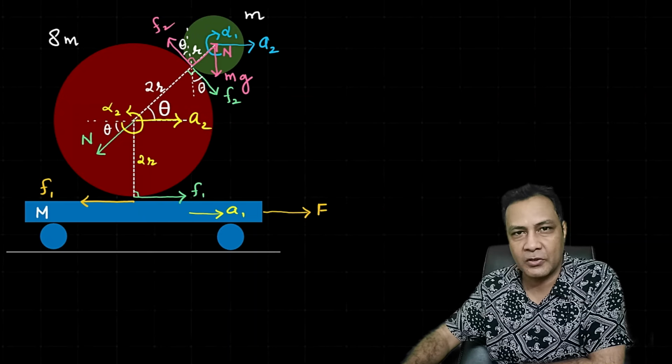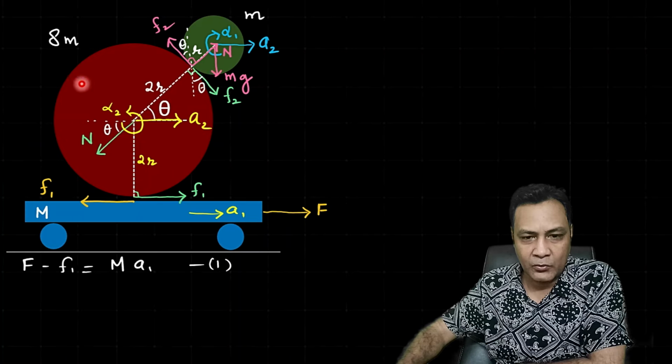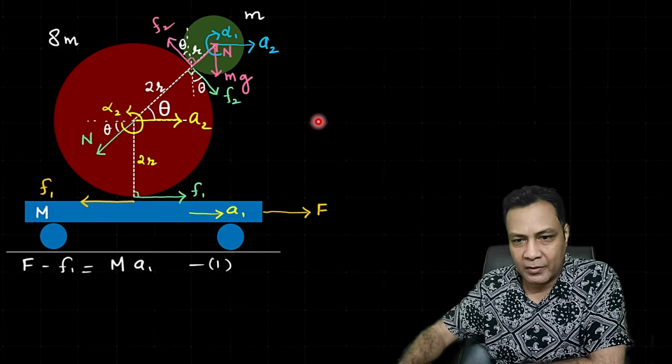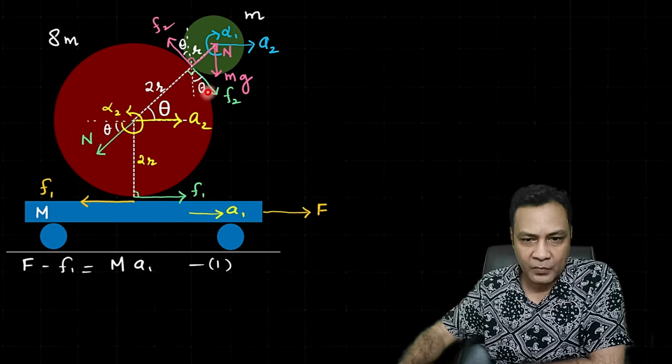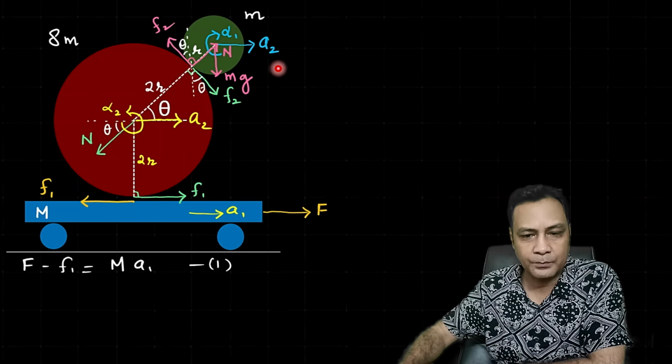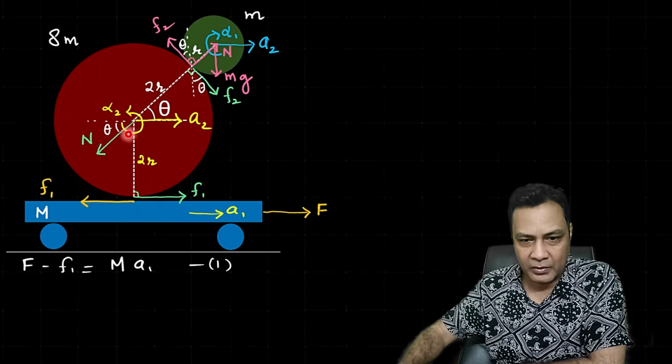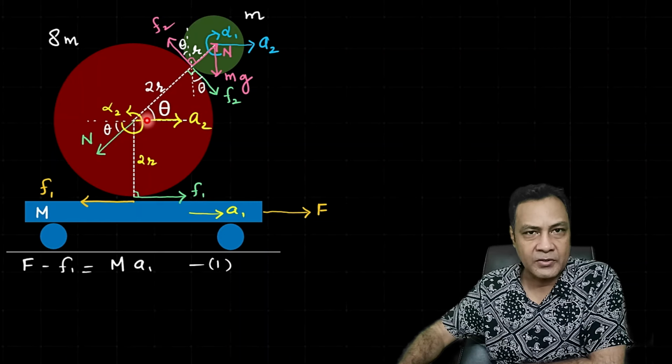That is this equation. Now for the big hemisphere, I want to write F external is equal to M A_CM along the horizontal direction. So along the horizontal right direction, the net force: first of all, there is a component of F2, that is F2 sine theta, and there is F1, and there is a component of N in the backward direction, that is N cos theta.